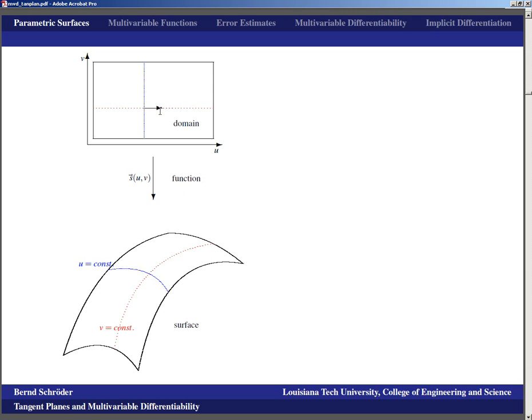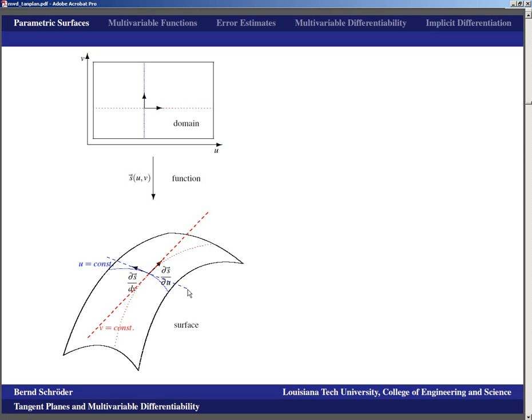And now again, the rate of change in the u direction for this curve v equals constant is just the tangent vector ultimately of that curve, and that's denoted ds du. Similarly, the rate of change in the v direction of the blue curve gives us another tangent vector, and as long as the surface is well behaved, which it typically is in applications, then these two vectors, ds du and ds dv, span a plane, because the ds du vector gives us a line that is tangential to the surface.